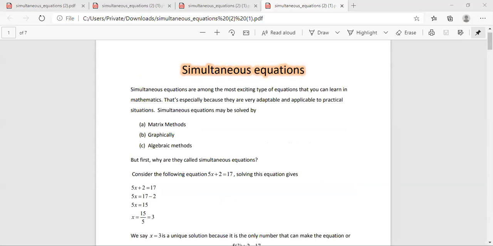So today we will do the elimination method of simultaneous equations.